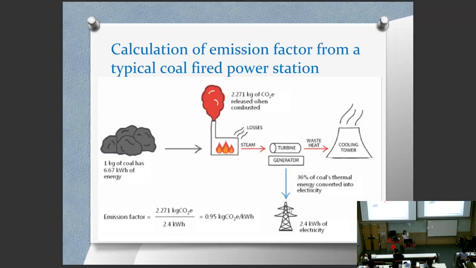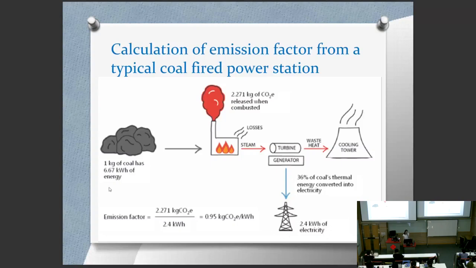So finally, only 36% of the thermal energy is being converted into electricity. So 6.67 multiplied by 36% will be 2.4 kilowatt hour. So in this process, the power plant is not 100% efficient, so it results in 2.4 kilowatt hour of electricity being output.